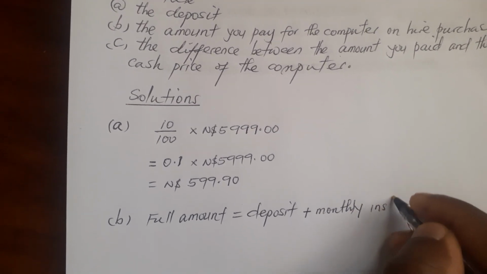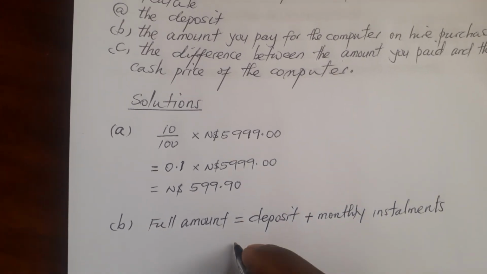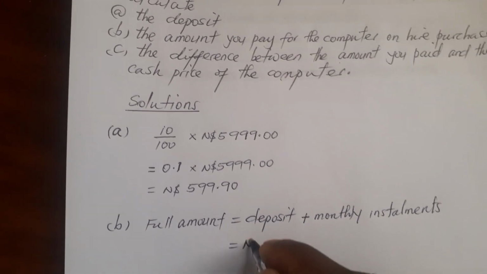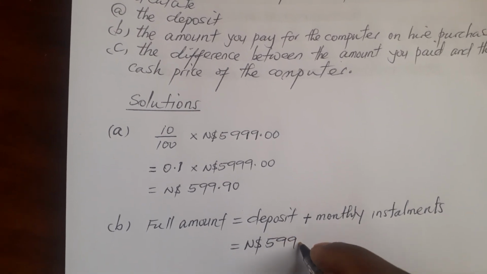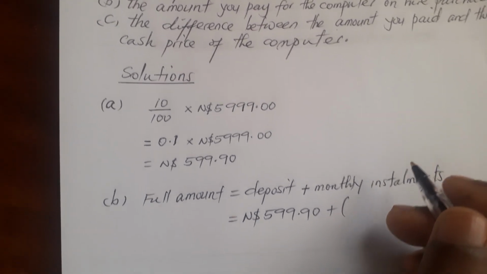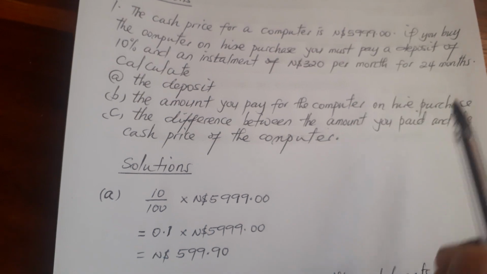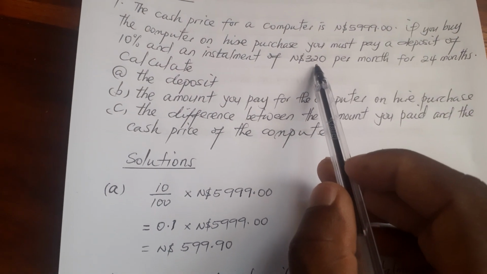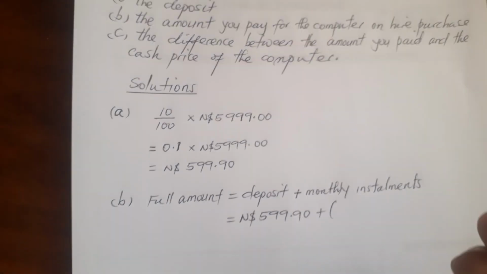Now we know the deposit is 599.90 cents plus the monthly installment. We are told that per month we should pay 320 Namibian dollar for 24 months.